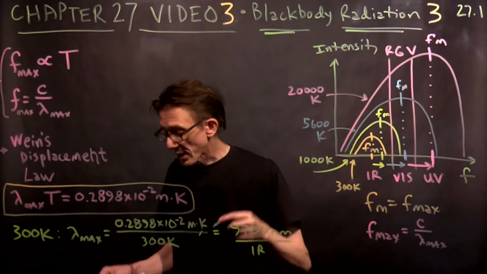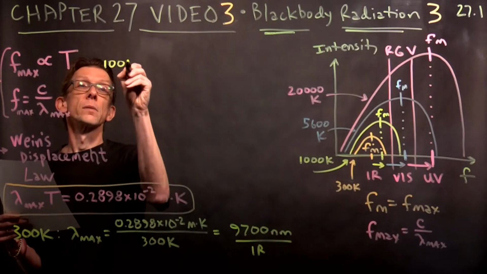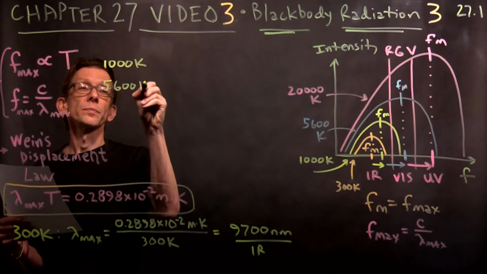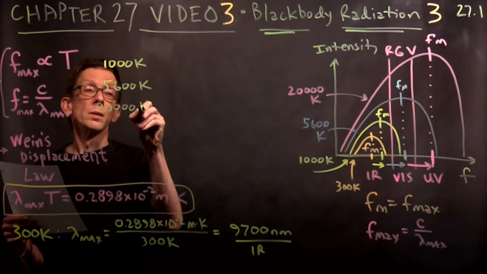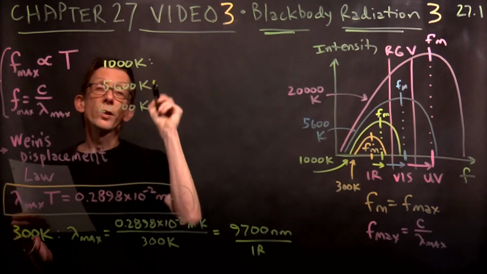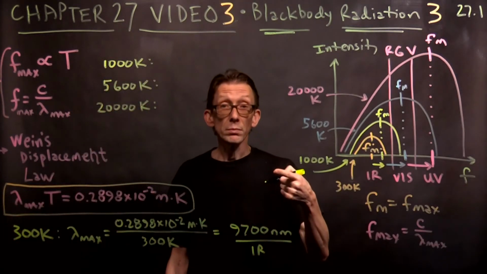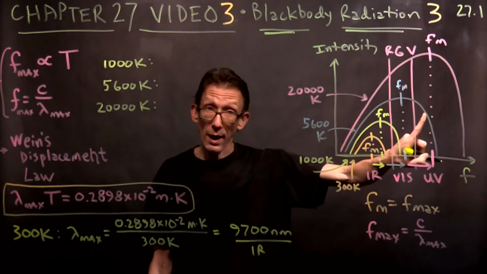Okay, you can do the same math to show yourself that at 1,000 kelvins and 5,600 kelvins and 20,000 kelvins, the wavelength is going to decrease as we go up in temperature. The average wavelength, the frequency will go up, as shown on the graph.